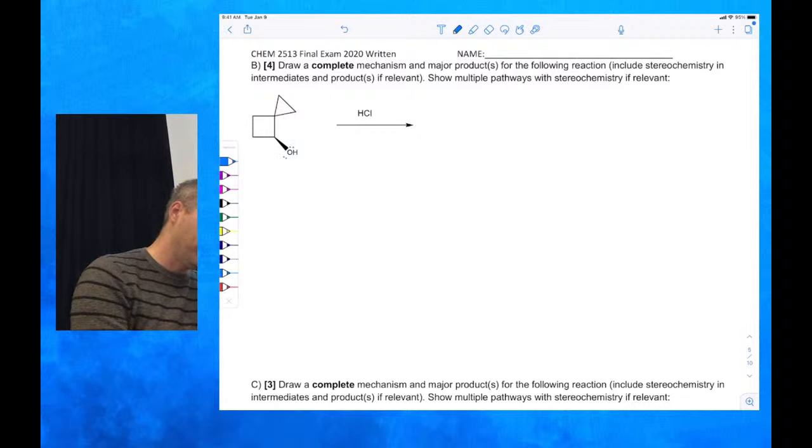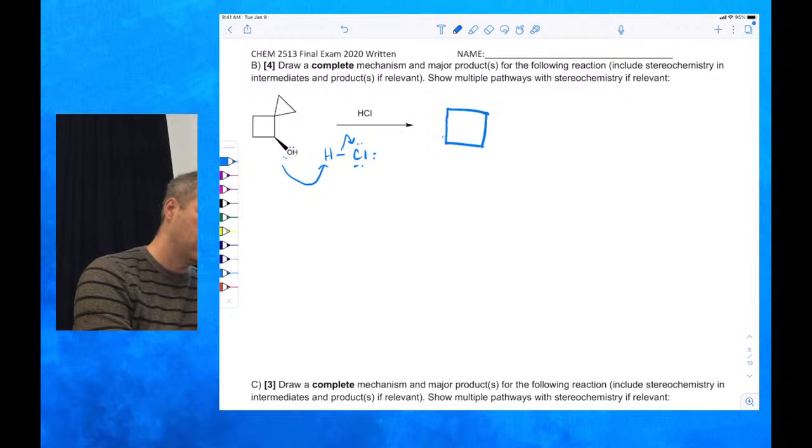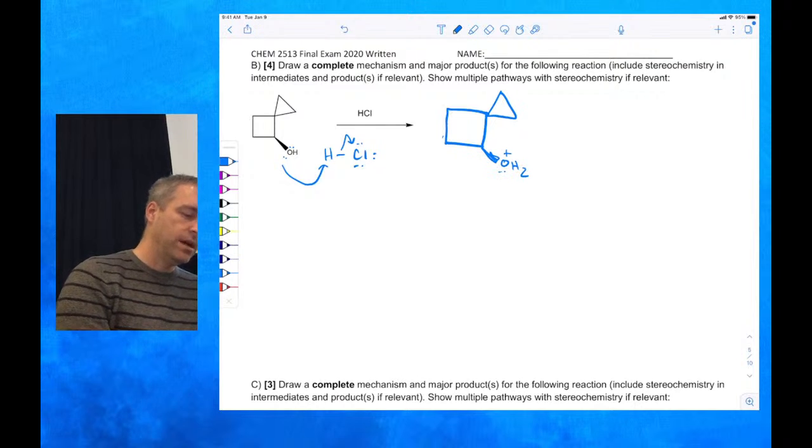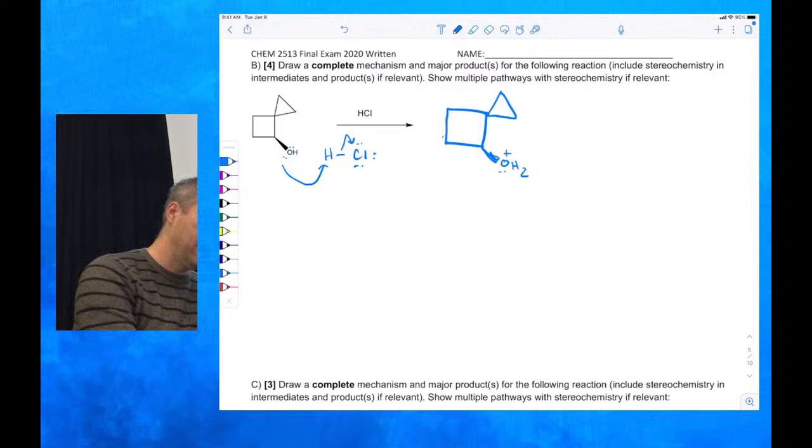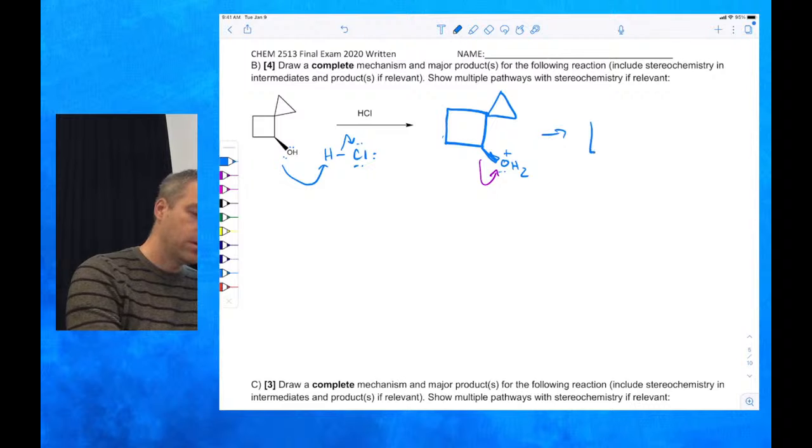If you look at the lone pairs on the oxygen and HCl, that gives you OH2+, which can then leave to give you that cation.